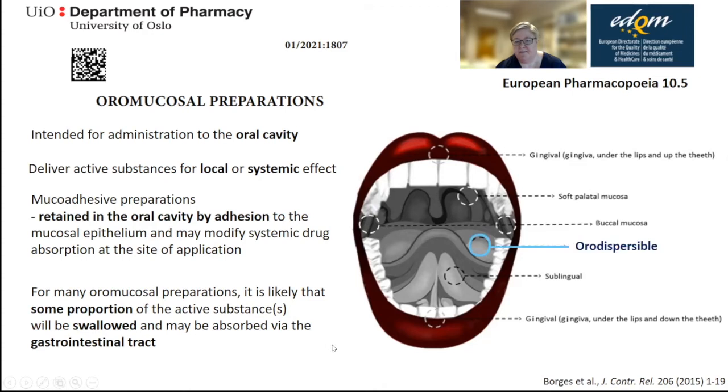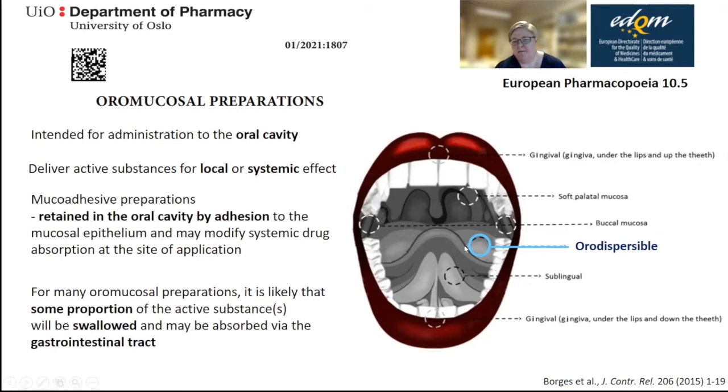And oral dispersible formulations are quite often placed on the tongue, and they will disperse or disintegrate within a very short period of time in the mouth. The USP says that it should disperse within 30 seconds. The European Pharmacopoeia says within 3 minutes.